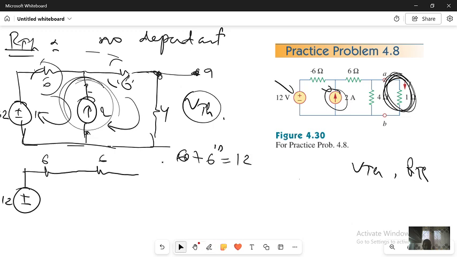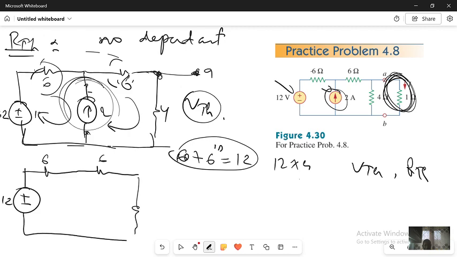I mistakenly put 10 here instead of 12. So now I will have 6 plus 6. I will have this 4 again. This source is already removed, no need to put it.